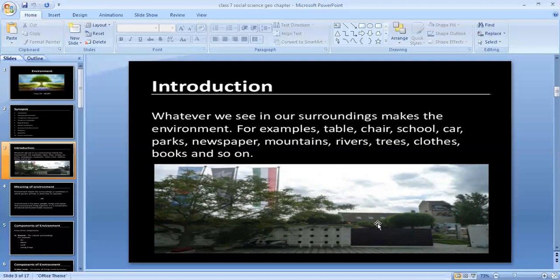We can take the example of our class: table, chair, fan, books, teacher, and some natural things like sunlight coming into the classroom. These are all things surrounding us and affecting our life, whether directly or indirectly.